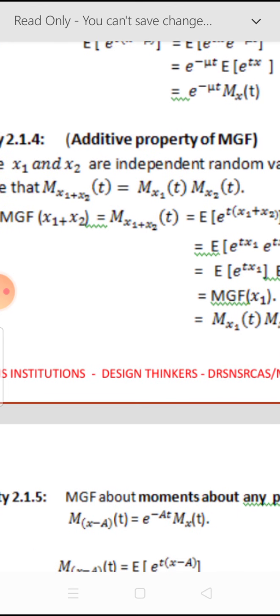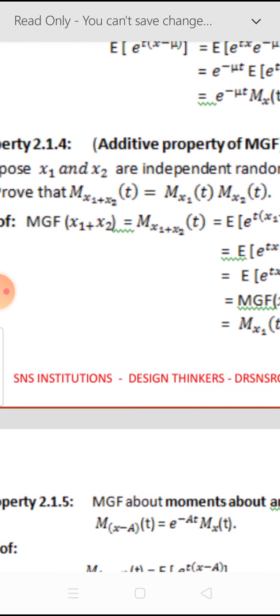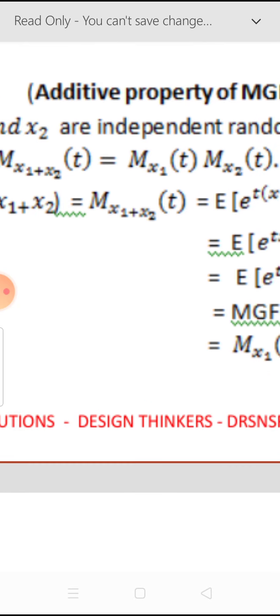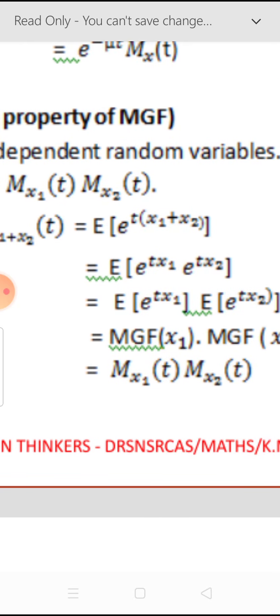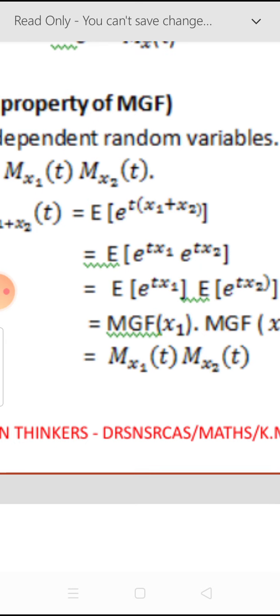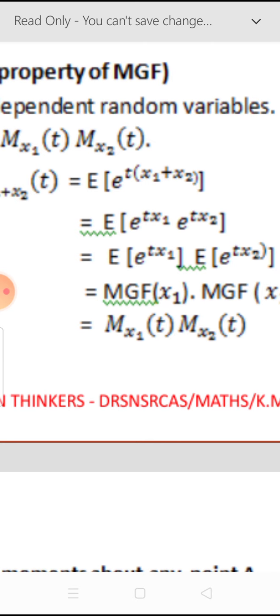The proof again is obtained by applying the definition of M_X(t). So therefore the moment generating function of the random variable X1 plus X2 of t is equal to expectation of e power t into X1 plus X2. So you write it like this: e power tX1 into e power tX2, and since X1 and X2 are independent random variables, we can find the expectation separately for e power tX1 and e power tX2.